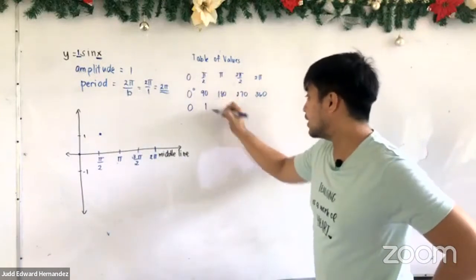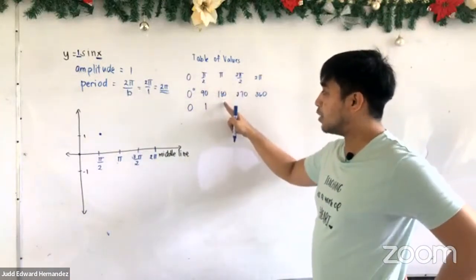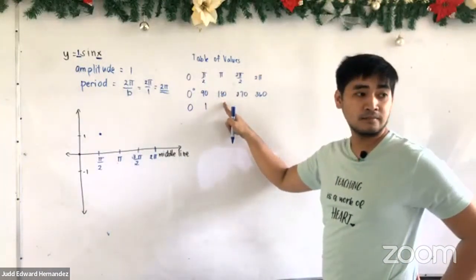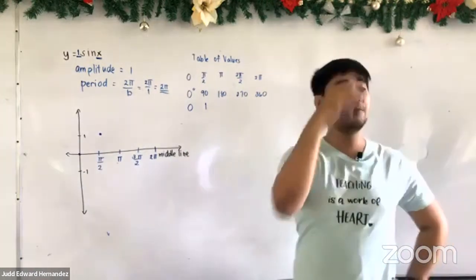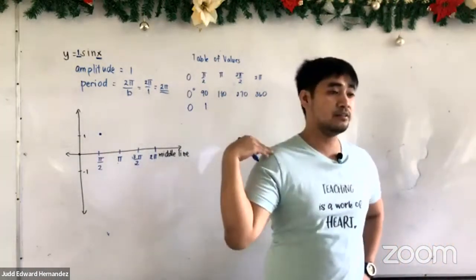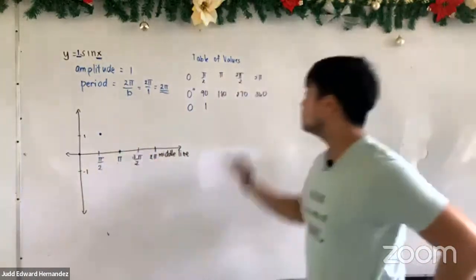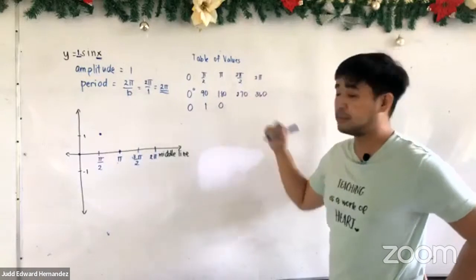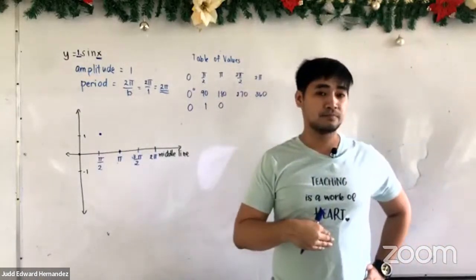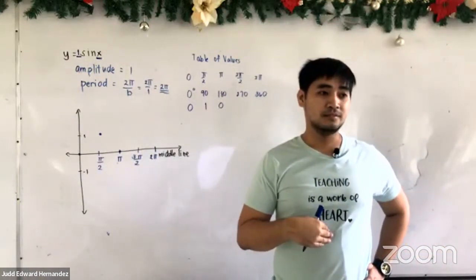Sine 90 is 1. Is there a value for sine 180? Wala po. Therefore, that is 0. Babalik tayo kay 0. Is there a value for sine 270 here? Yes po.